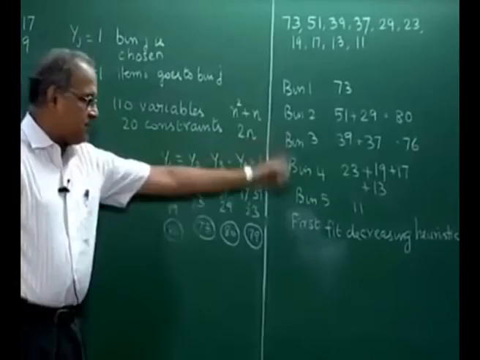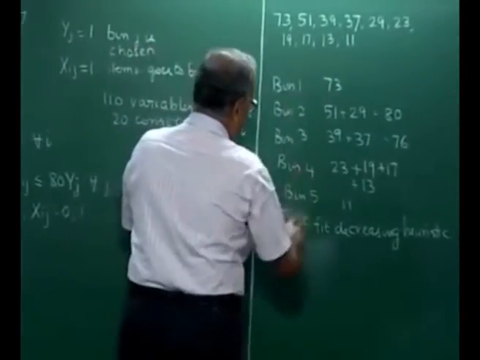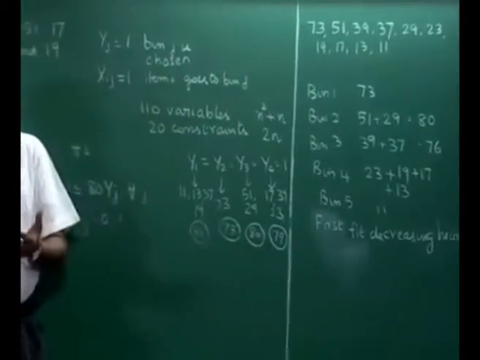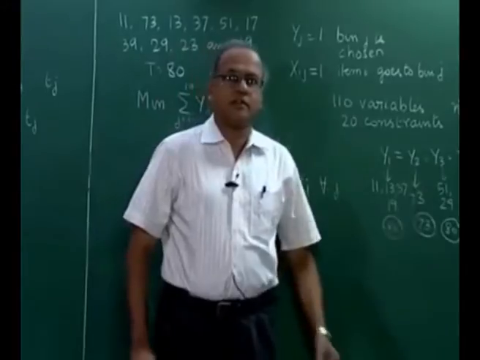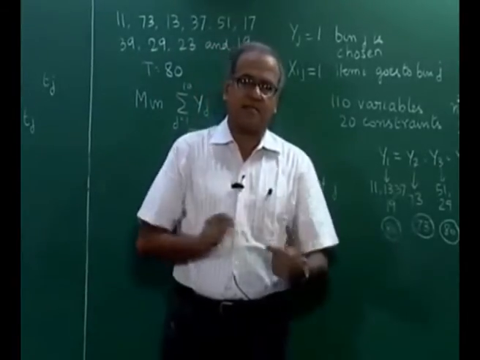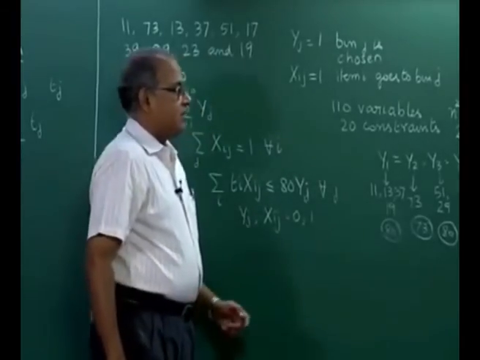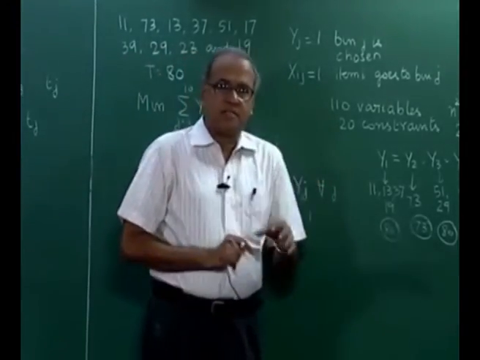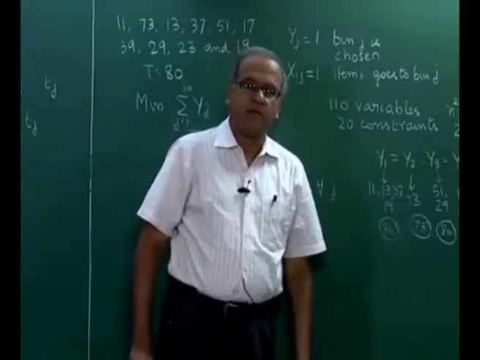Now one of the advantages of using this heuristic is, here we have a solution with 5 bins, or 5 trucks in this example, and we are only interested in solutions which are 4 or lower, because we already have a solution with 5.